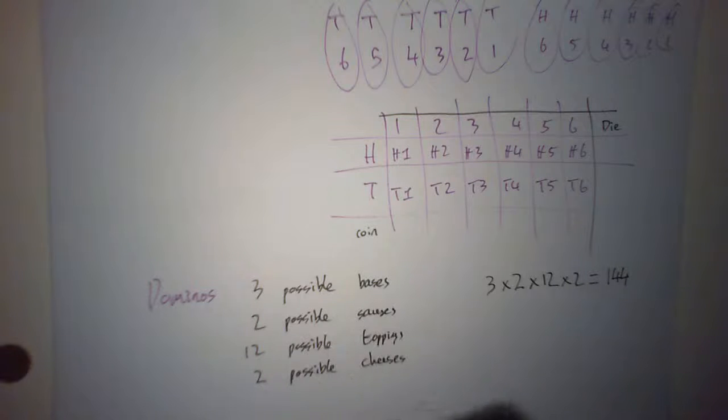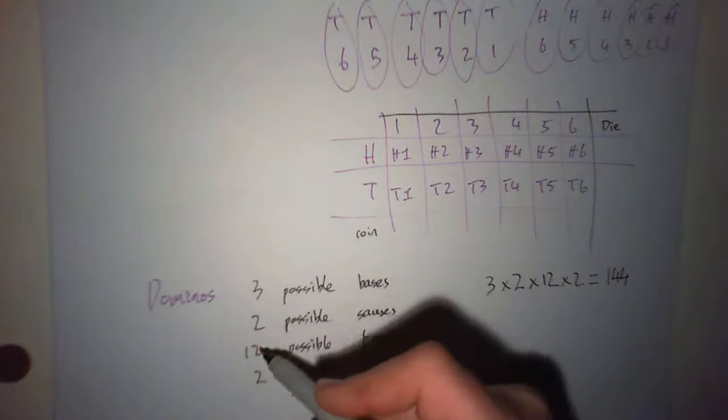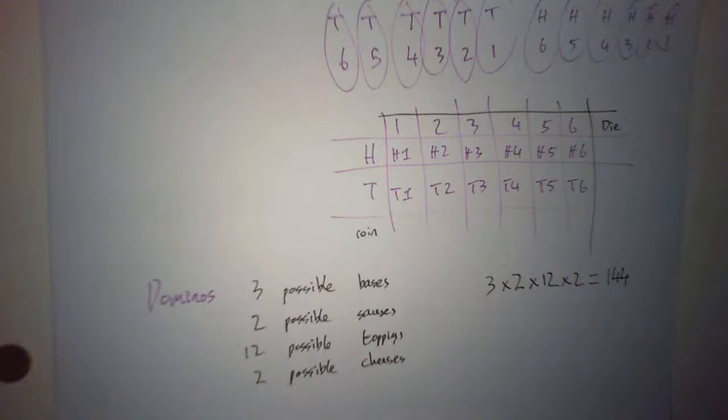And I'm pretty sure there's more options than that in Domino's. Definitely is, if you want to make your own. Now that's a crazy amount with just 3, 2, 12, and 2. Okay, so there's a lot of different outcomes there.